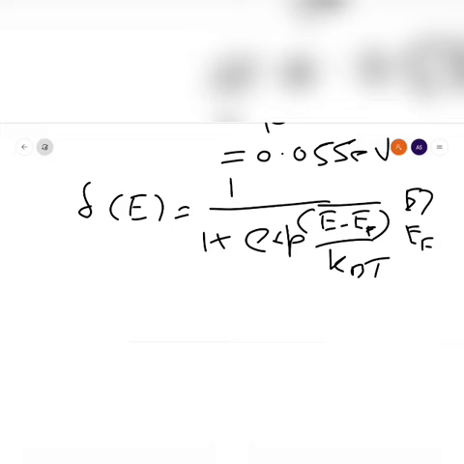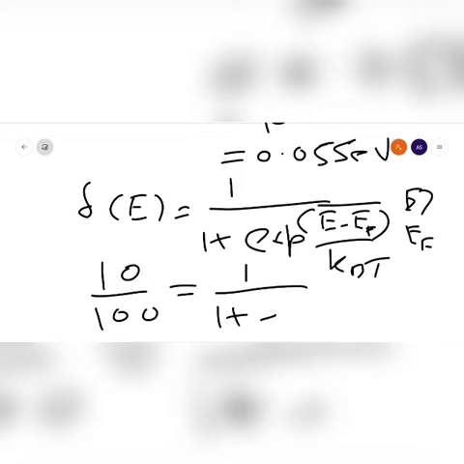Now you know the value of the occupation number is 10 upon 100, equal to 1 upon 1 plus e to the power x, where x is (E minus EF) divided by kBT.